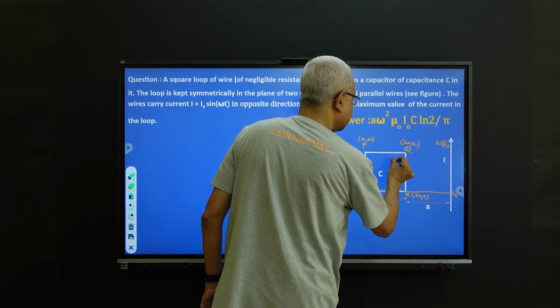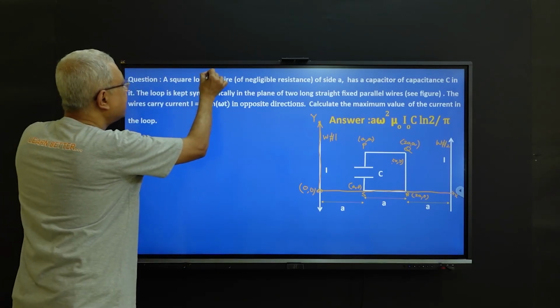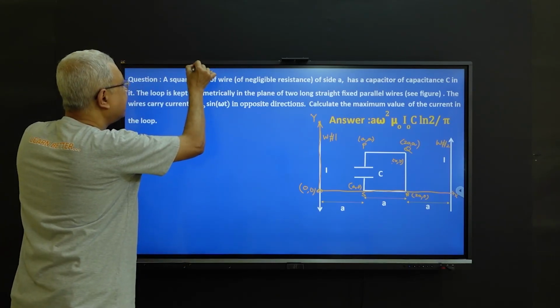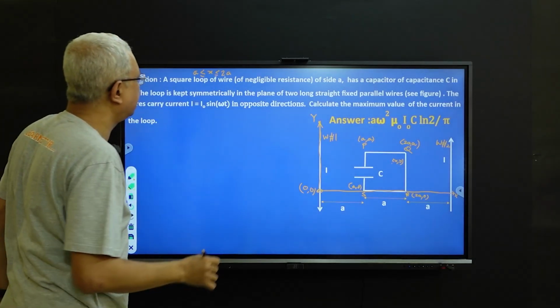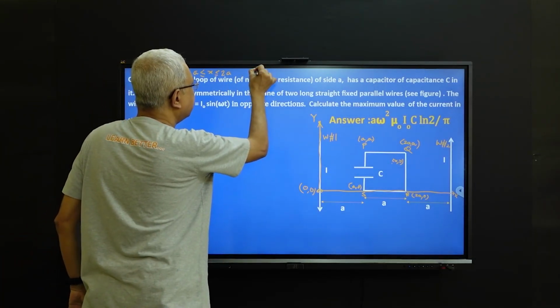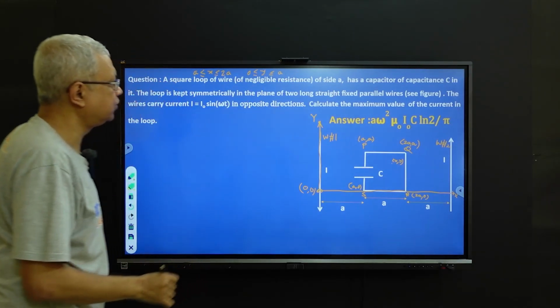Here x is definitely greater than or equal to a but less than or equal to 2a, and y is greater than or equal to 0 but less than or equal to a.